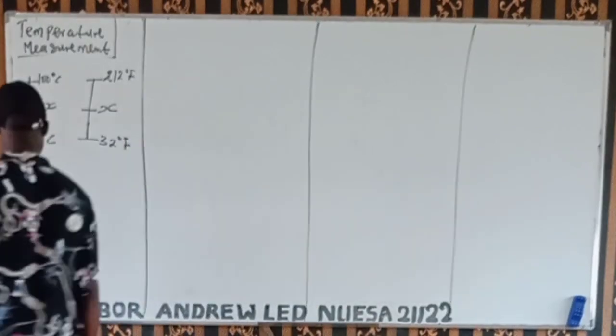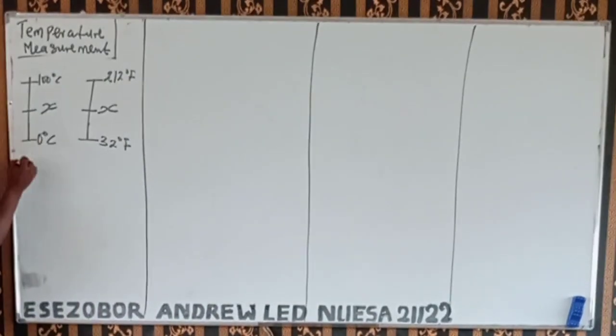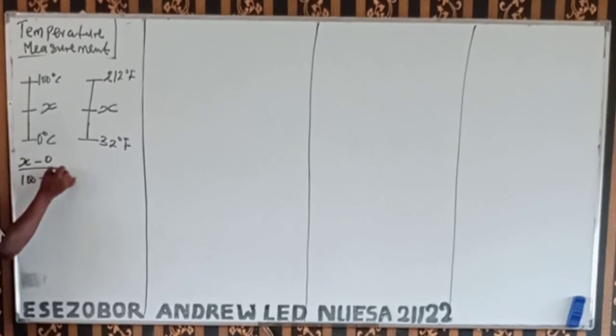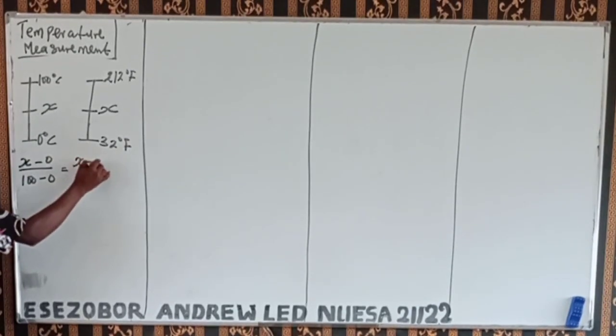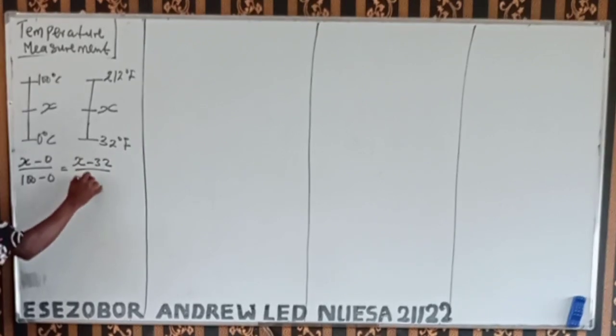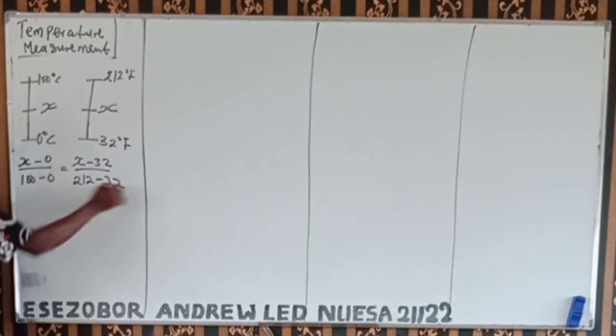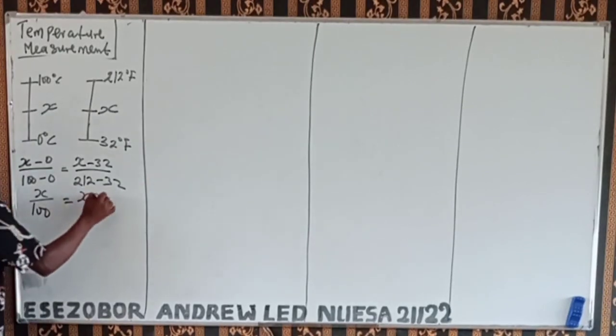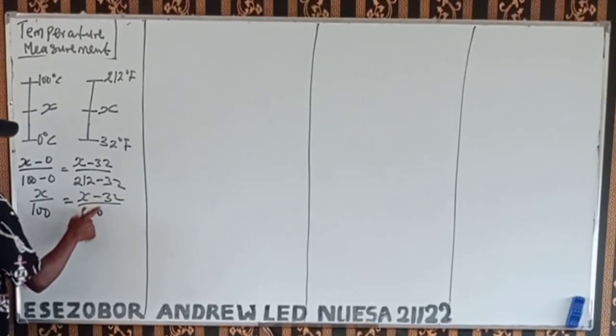For interpolation, we say (X minus 0) over (100 minus 0) is equal to (X minus 32) over (212 minus 32). So X over 100 is equal to (X minus 32) over 180.